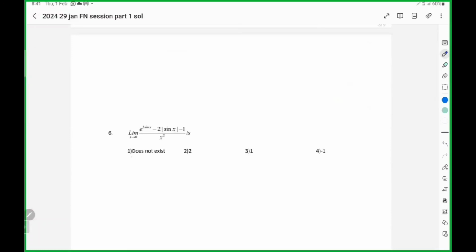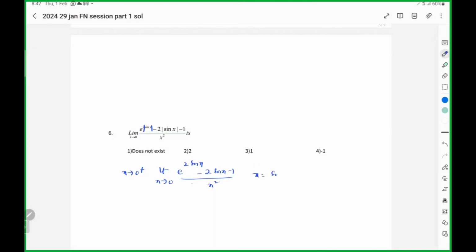For this problem you can substitute 0 by 0. Here I think mod sin x is also given. When modulus is there, first we eliminate modulus. e^(2 sin x) − 2 sin x − 1 over x².